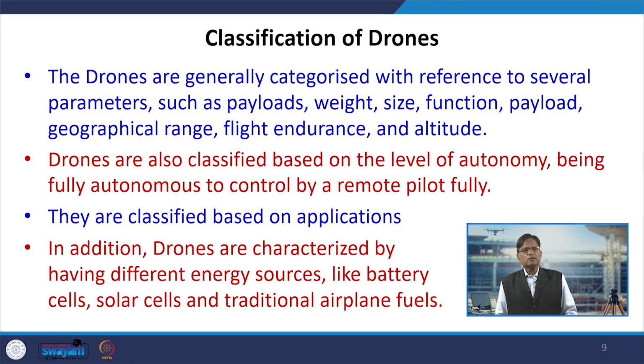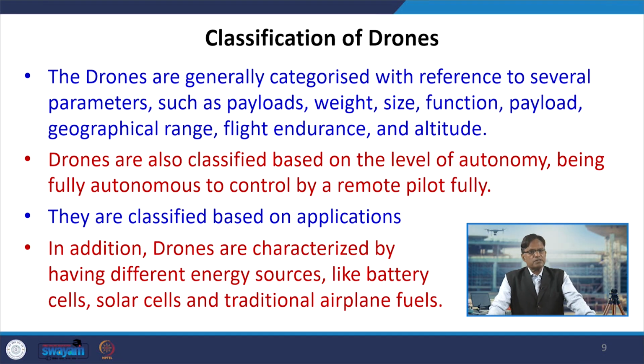If we look at the classification of drones, the literature is full of categorizations based on several parameters, so there is no clear-cut division. The classification has been done as per the payloads the drones carry, their weight, their size, small or big, their function or utility, and the geographical range, that is, the range over which they can collect data.